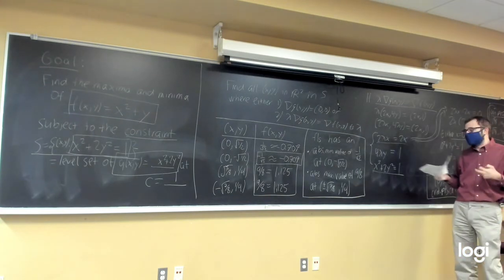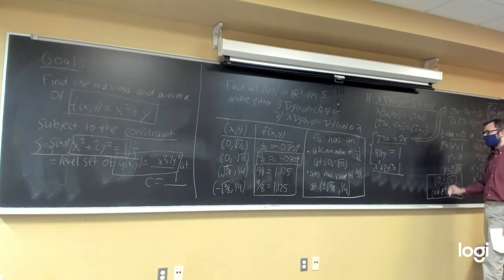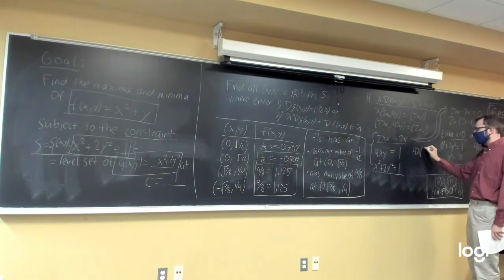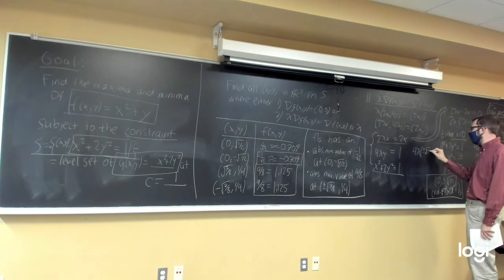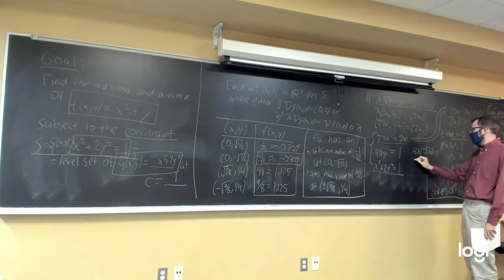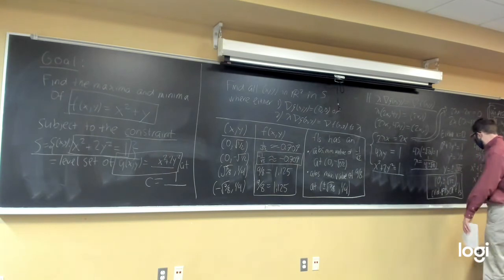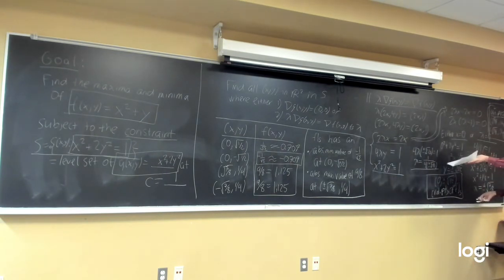It's not going to be 1. Here, we could say exactly what it is. We could say 4 lambda times plus or minus square root of a half is equal to 1. So lambda is going to be 1 divided by the quantity 4 times plus or minus square root of a half. It wasn't important, so we didn't solve for it until now.